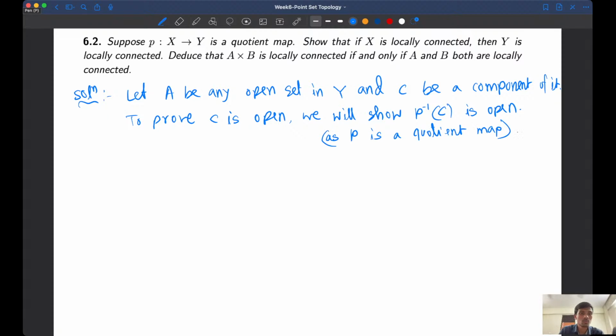Okay, so now can you say something about this P inverse C to show P inverse C is open? Can you say something to claim that this should be open? Any idea?